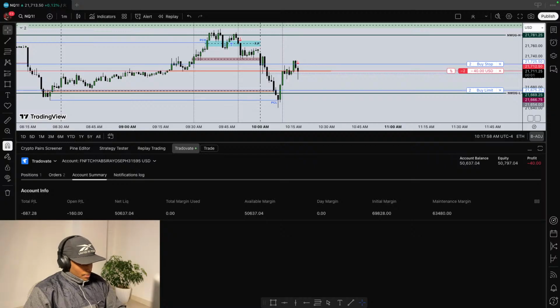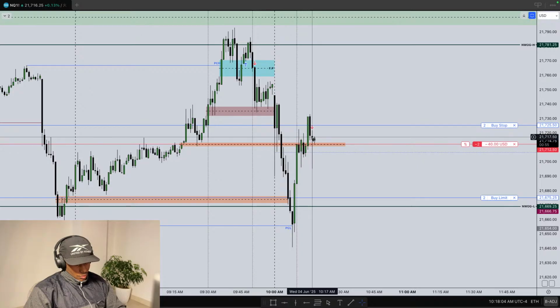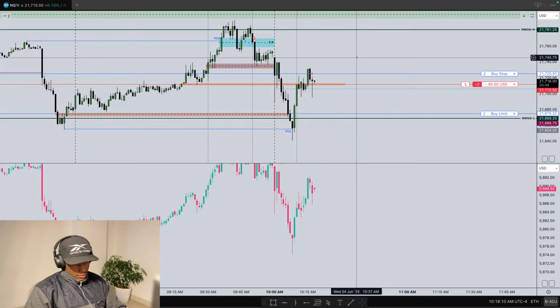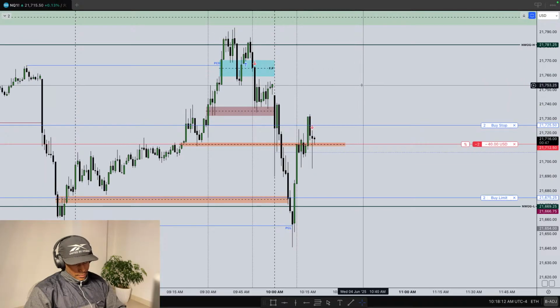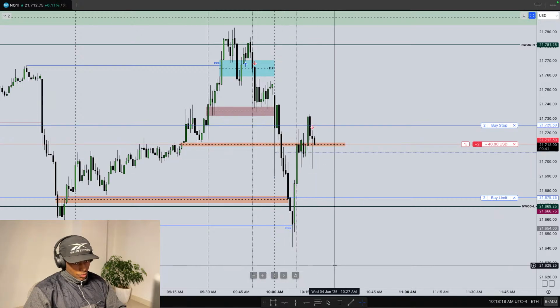Wait, why isn't my PNL changing? Yeah, I really don't like how that traded lower that much and it retraced back and closed above that. I don't like that. But that's all just perfectly according to my model.